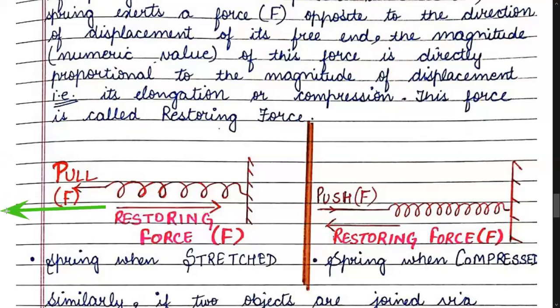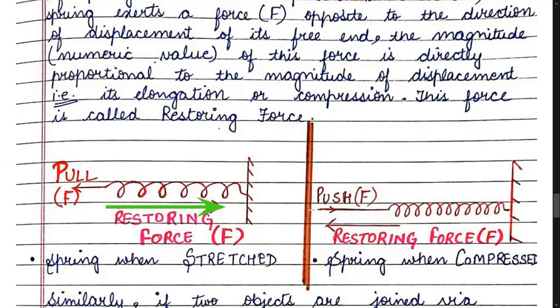So if you're pulling it outward, when you stop pulling, there is a restoring force which will bring the spring towards its normal shape. And restoring force means a force which reverses the deformation produced by you when you applied force.